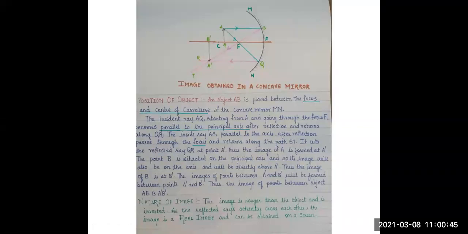Now see, as we have studied these three rules, if an incident ray is parallel to the principal axis, the reflected ray passes through the principal focus of the spherical mirror. You can see the rule is followed.